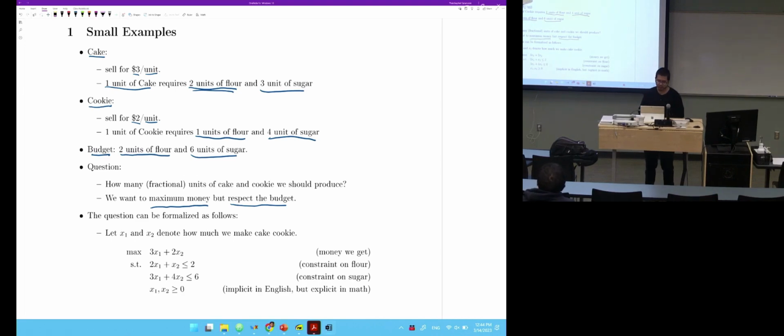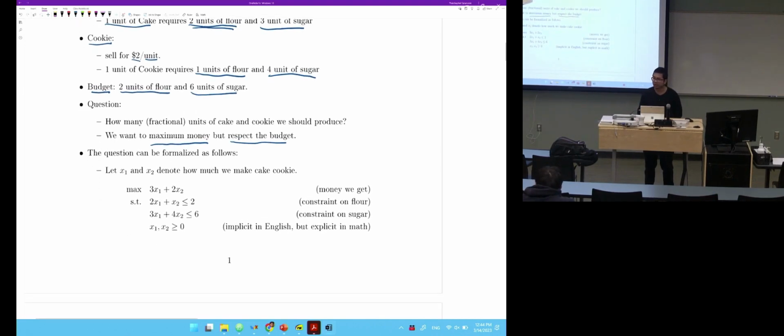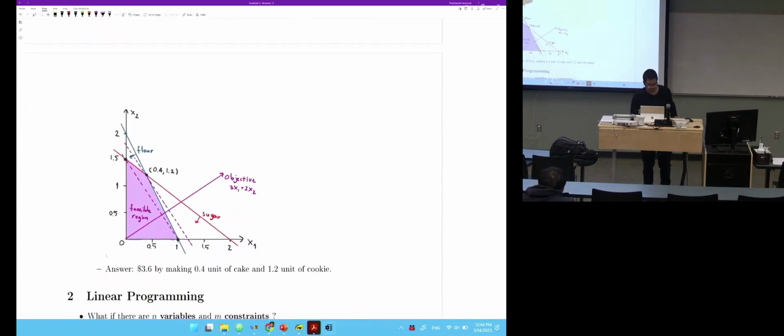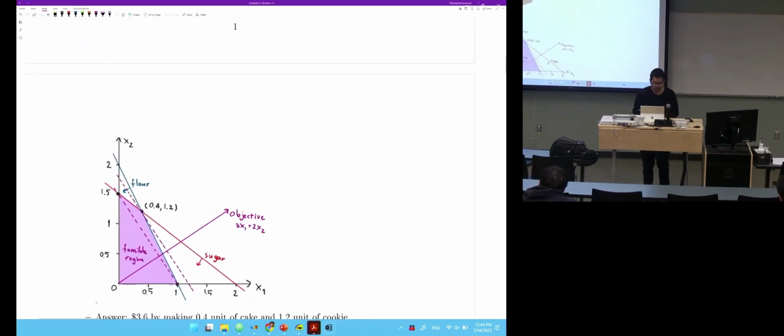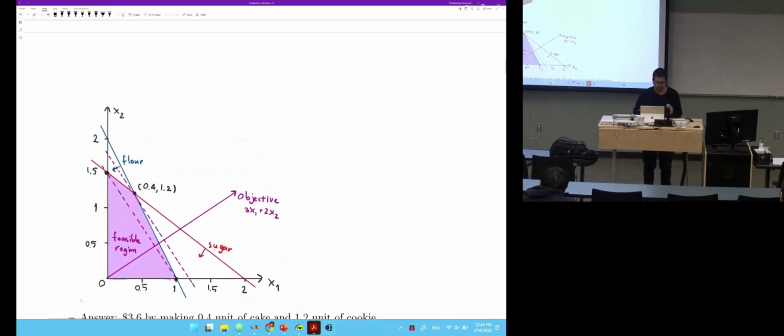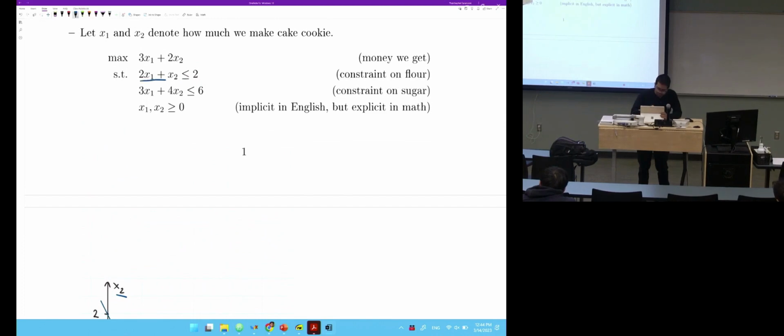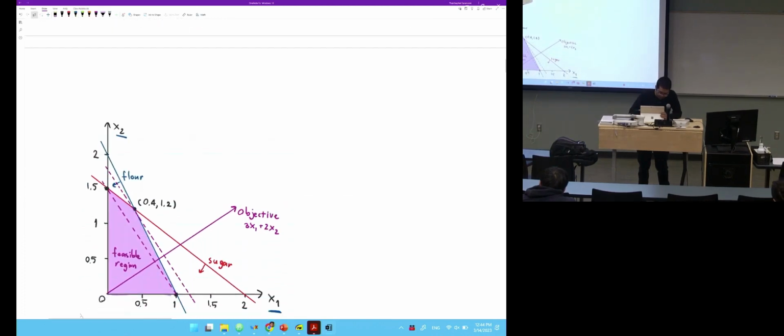So let's try to think of this problem now in a geometric way. Let's say that I plot the graph where this is x1 and x2, right? And there is the constraint for flour. You can look at it like this.